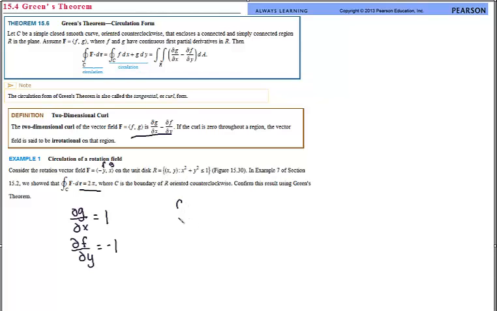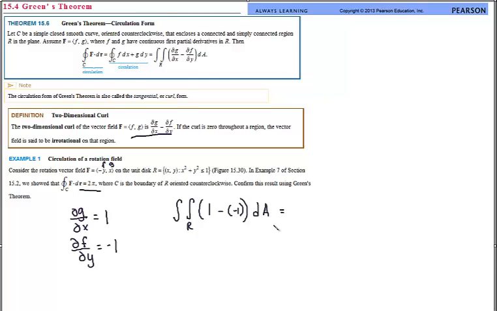I'm going to perform this double integral on this space, and I will get that this goes from 1 minus my -1 and then dA.